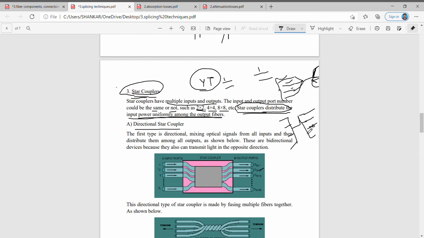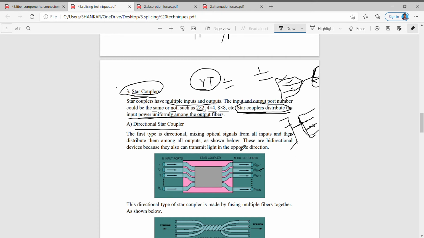It takes the four inputs and they are combined. That means these four inputs are mixed here, then distributed to all the output ports, mixing and then distributing to all ports. That is the directional coupler.